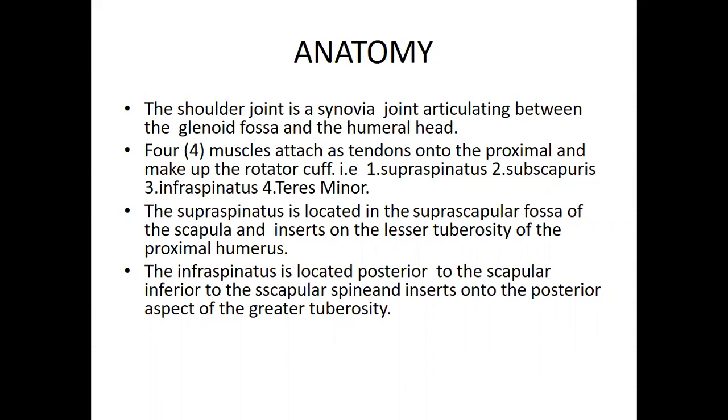It is formed by the shoulder girdle, which involves the clavicle and also the glenoid fossa. Basically, this glenoid fossa articulates with the humeral head, forming the shoulder joint. And the key thing about the shoulder joint is that it is composed of 4 muscles, and these muscles attach to the proximal portion of the humerus, which forms the rotator cuff.